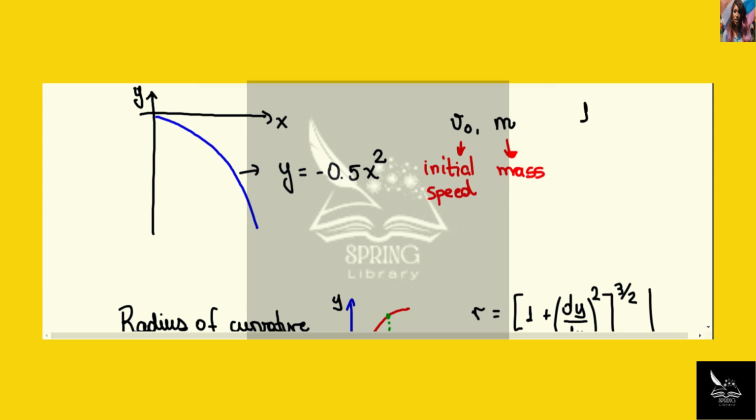Our goal is to find first the speed v of the box as a function of x, and then the normal force that the surface of the parabola exerts on the box, and also the tangential acceleration.